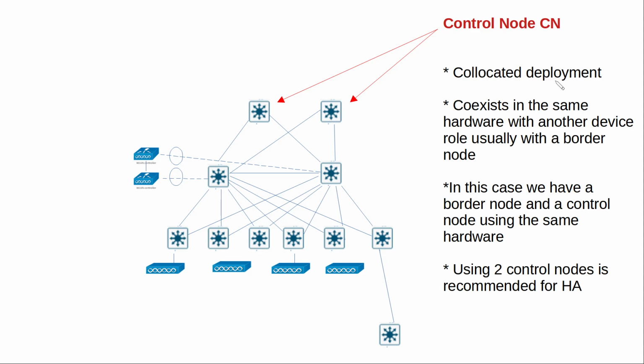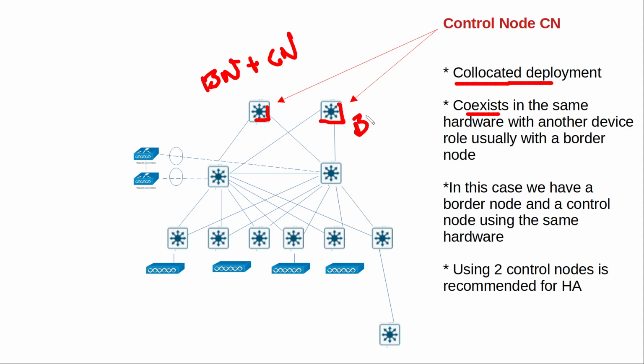The other way to deploy the control node is using a co-located deployment. In this deployment, the control node coexists in the same device performing another role. For instance, in this example, these devices are being both border nodes and control nodes.